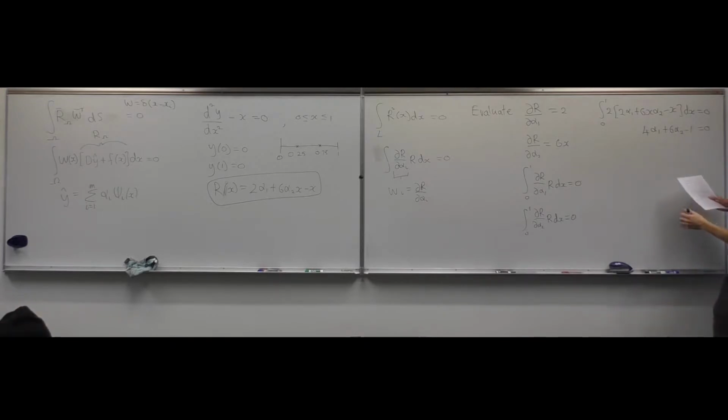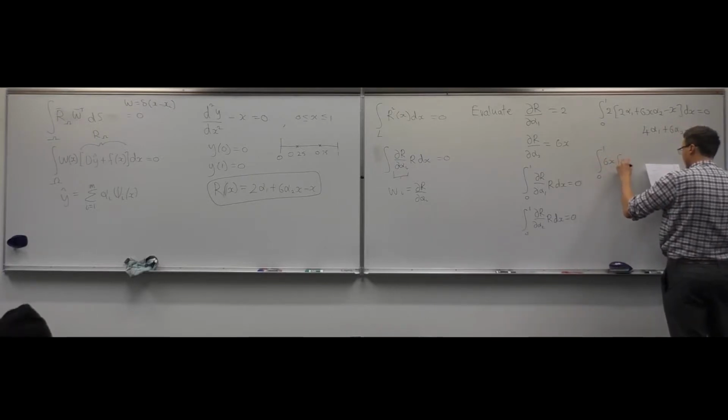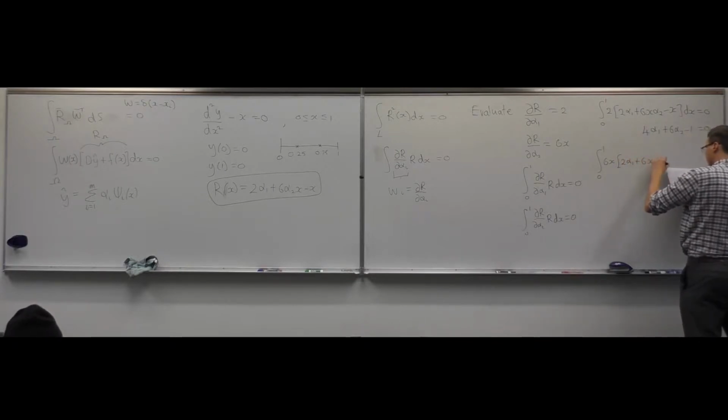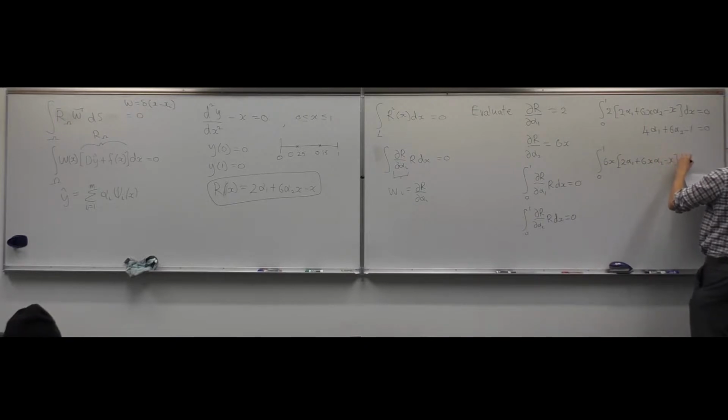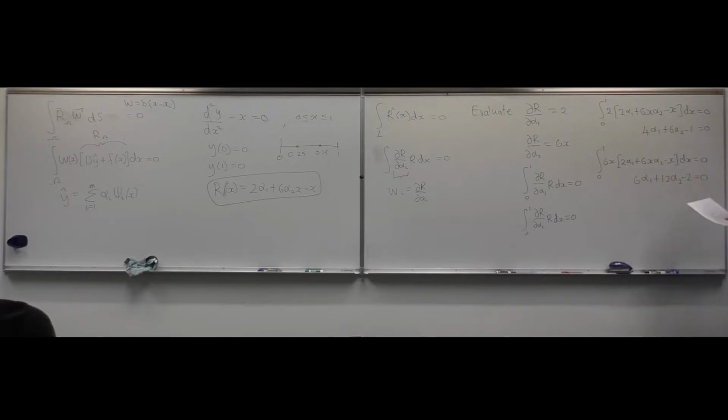We can check that. Then we substitute in the second residual term and set it equal to 0, and we get 6 alpha 1 plus 12 alpha 2 minus 2 is equal to 0. So we have two equations and two unknowns, and so we can solve those.